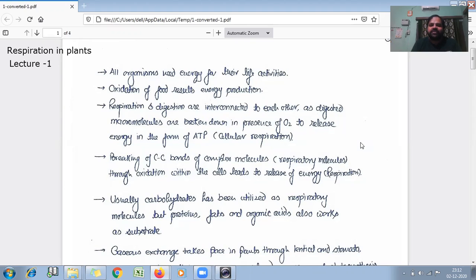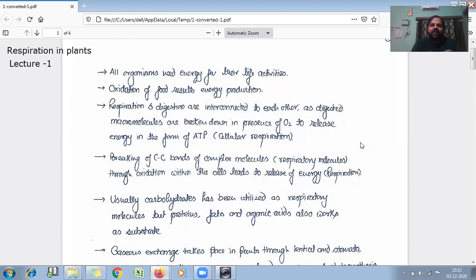In case of digestion, the large macromolecules are broken into smaller macromolecules or micromolecules, and these molecules will be used in respiration, and in the presence of oxygen the energy will be produced in the form of ATP, adenosine triphosphate. And the whole process of oxidation of food in the cell is called cellular respiration.